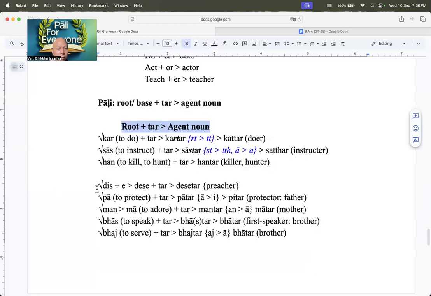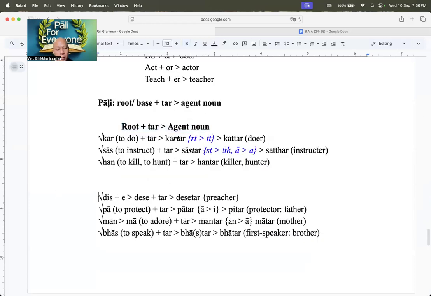Okay, and then now to the base, the power base. So we have the tar. So at that time we have the agent noun now, in this way.